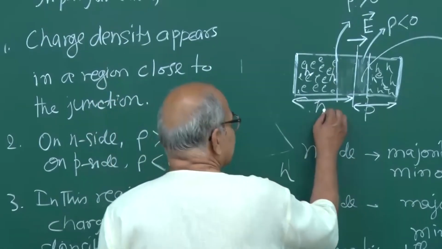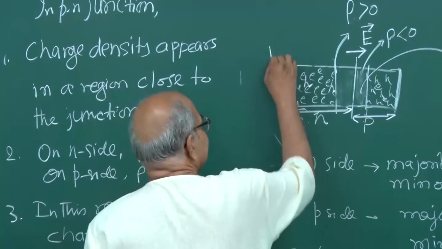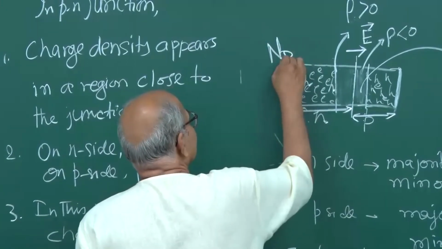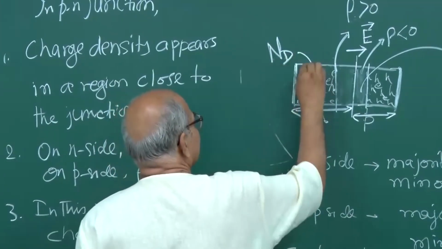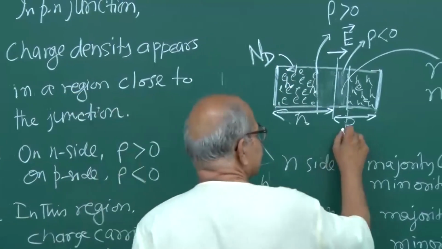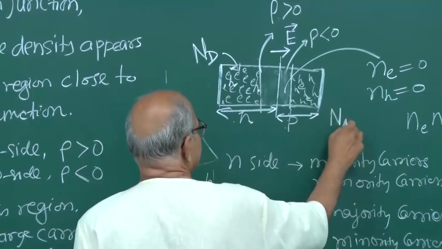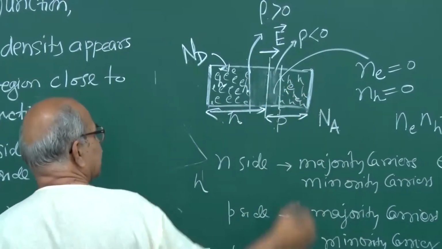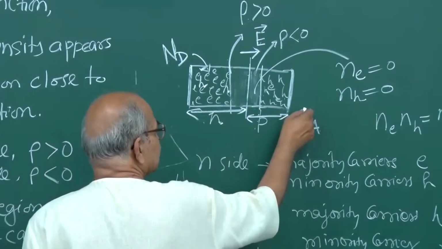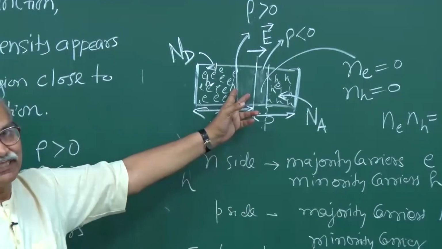N type we call donor ions, so Nd is the donor ion concentration, the one we have doped. And this side is acceptor, so Na is the number of acceptors that we have doped per unit volume, and that decides this width.